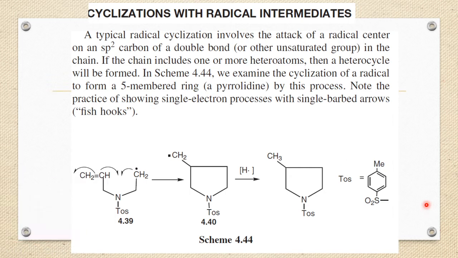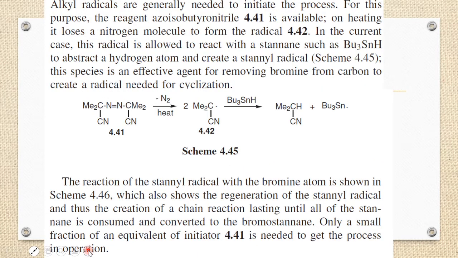And moving on to the next slide, we have alkyl radicals that are generally needed to initiate the process. You basically need to do what we do for all radical reactions. You need a starting point, that's an initiation reaction.